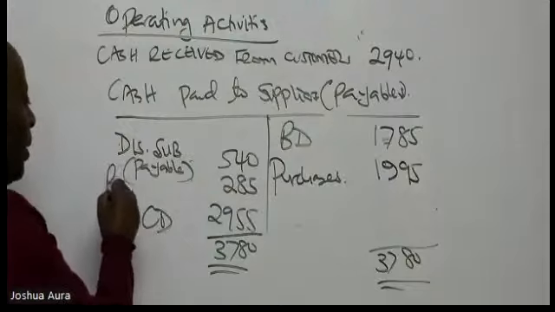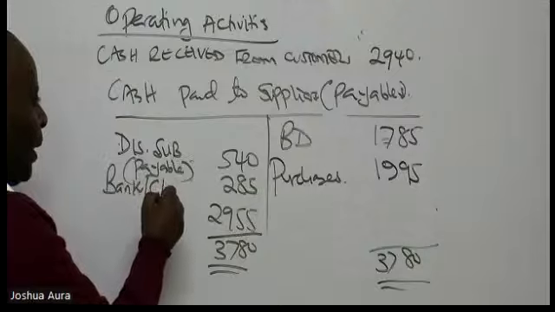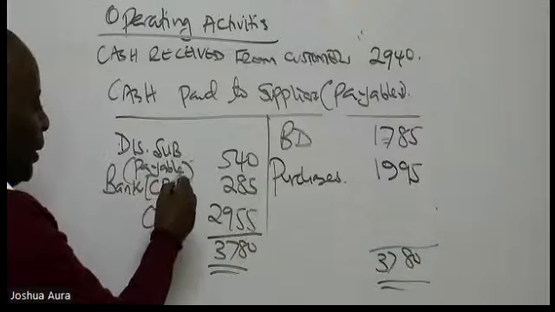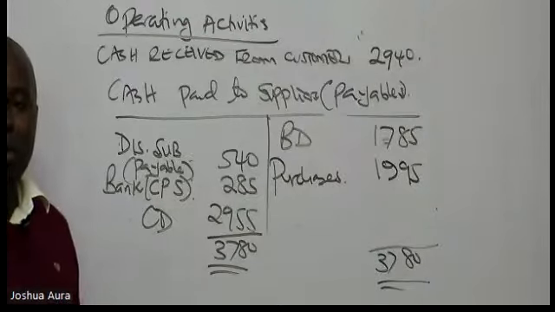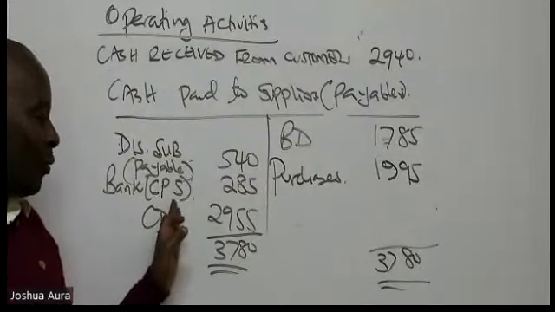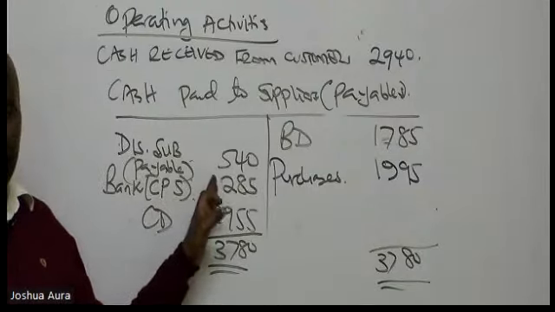So of course this is the bank, as cash paid to suppliers. Cash paid to suppliers is 285. You have to write this in full.